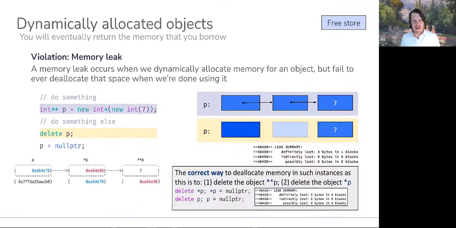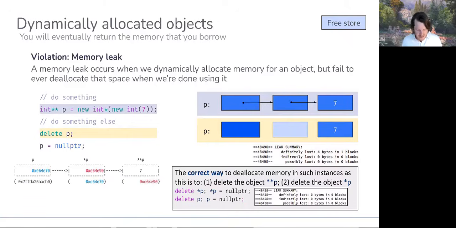So, to provide an additional example, and you've seen this when we introduced the two-dimensional arrays on the FreeStore, let's say P is a pointer to an integer object, and let's set it up such that P points to an integer pointer on the FreeStore, which in turn points to another dynamically allocated object of type integer initialized with 7.